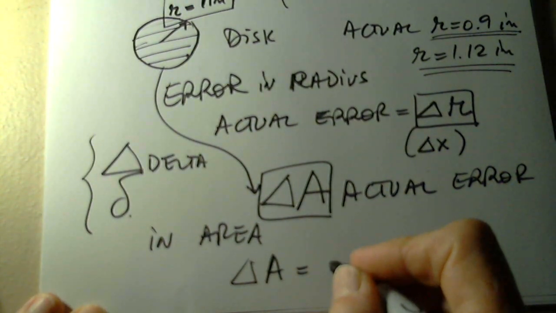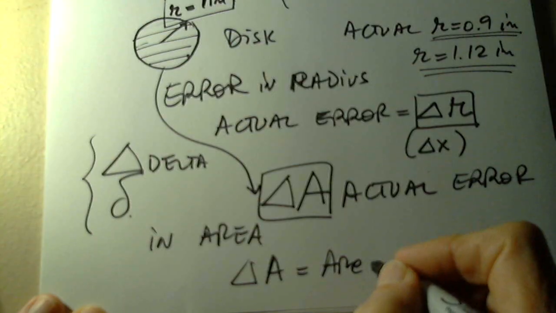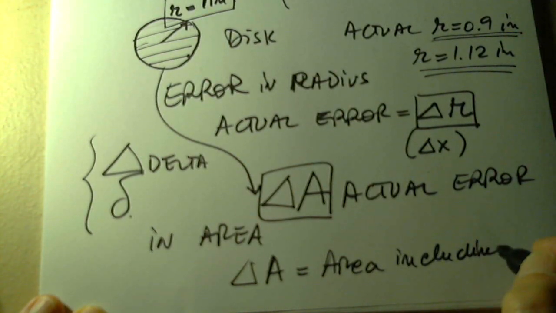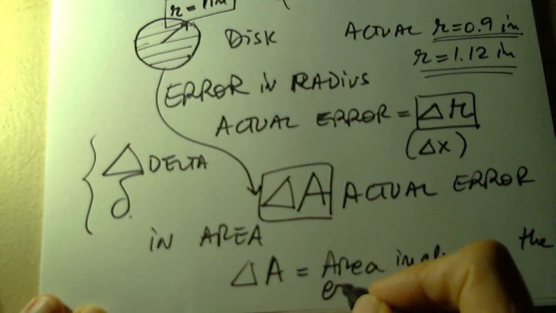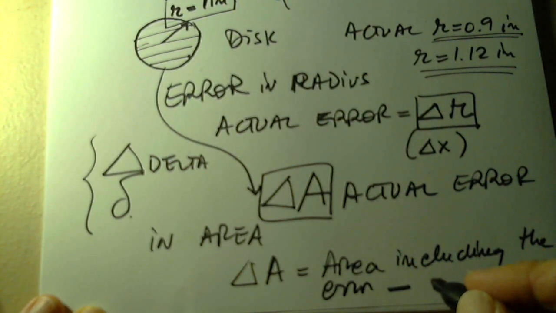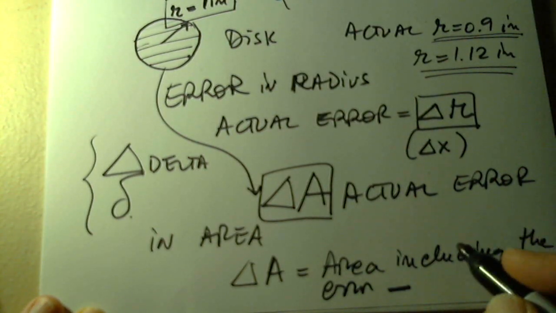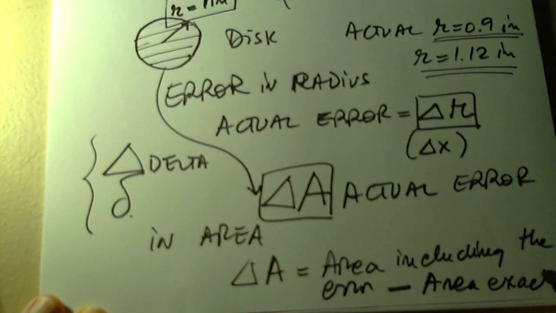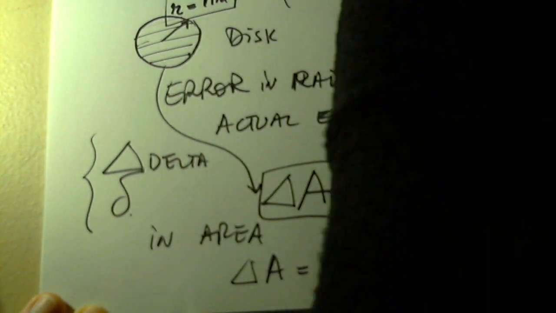It's the area including the error minus the area that you should have, with no error, in other words, area exact. How do we write this? And we're just going to use a function in a minute and just determine these.